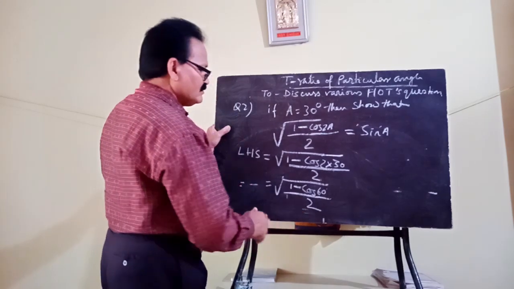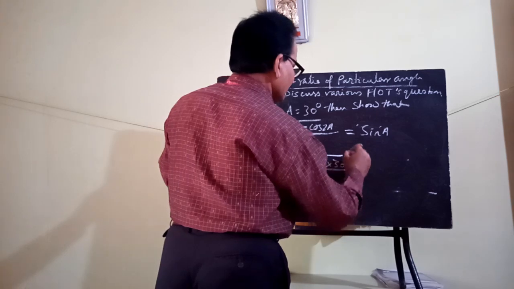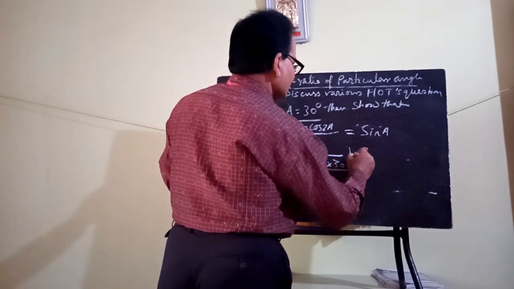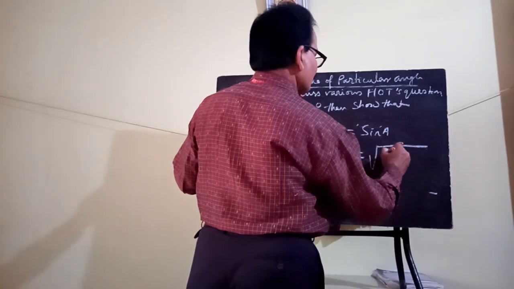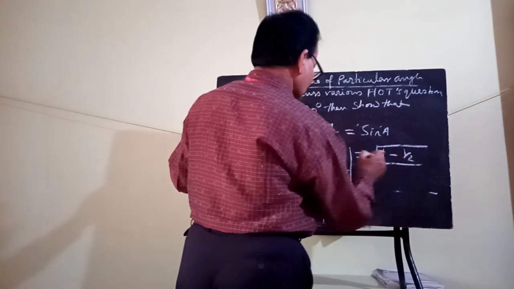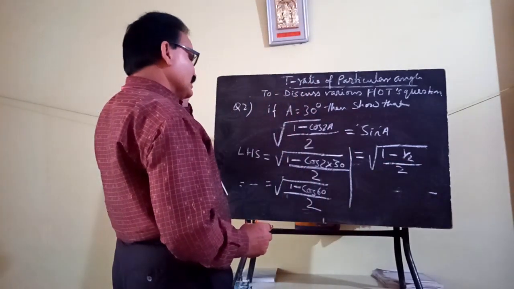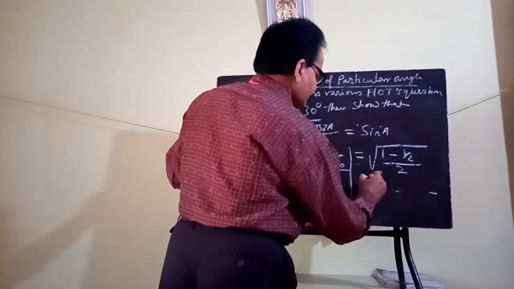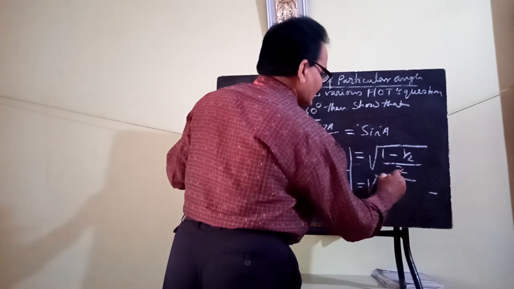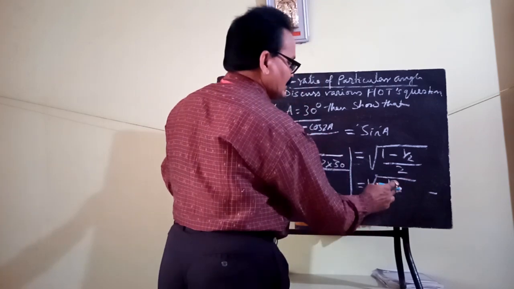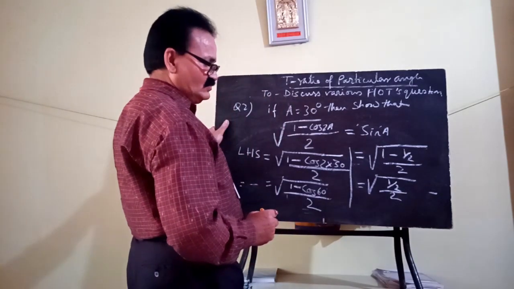Then you have to write square root of (1 minus half), because cos 60 is half, and in the denominator it is 2. 1 minus half means 1 by 2 after subtraction, and again in the denominator it is 2.